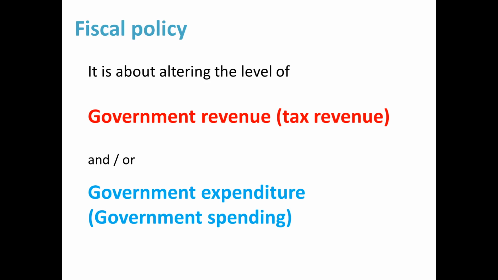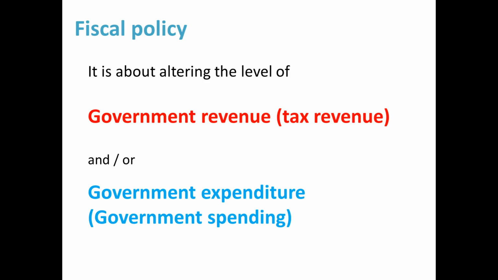And at the end, the AD is going to increase. If you have those points in your answer, you will do great in your exam. So don't just stop at the first point. You always want to go ahead and further elaborate your points. So that's one item that you can manipulate in order to achieve expansionary fiscal policy.